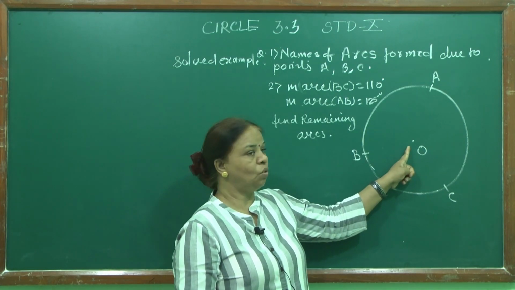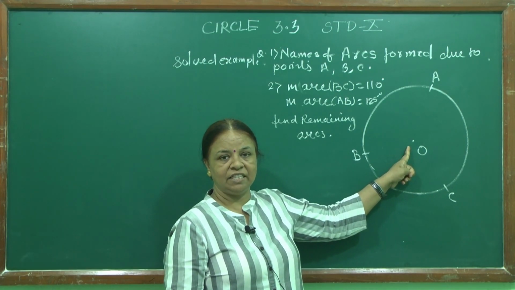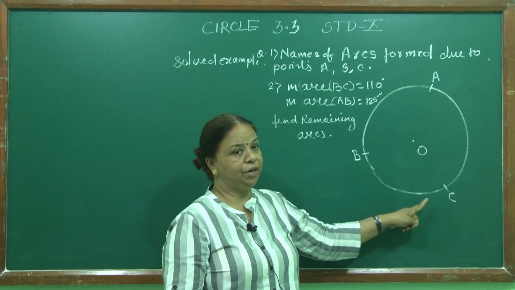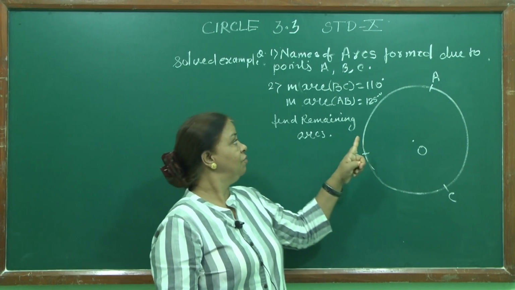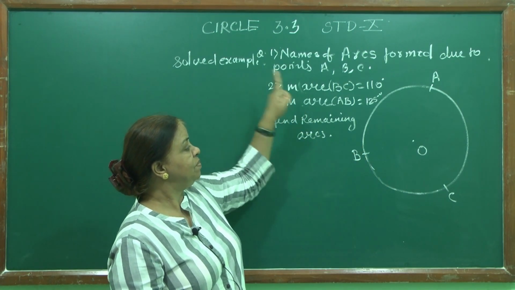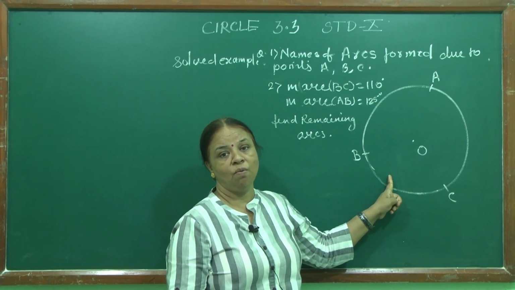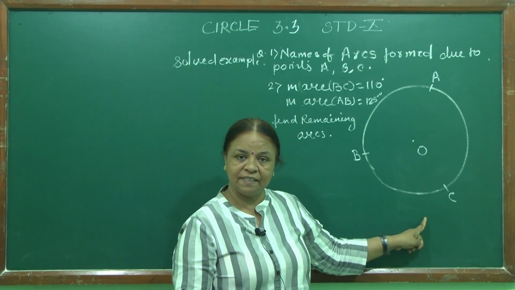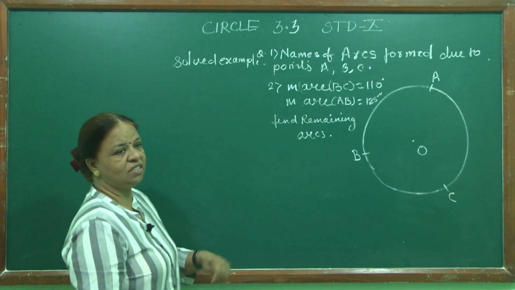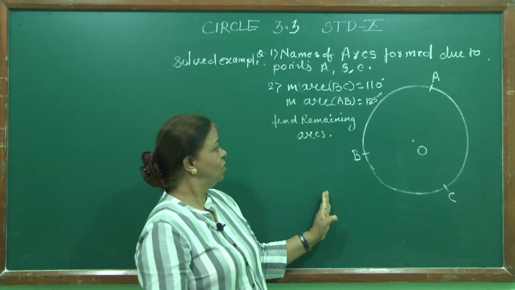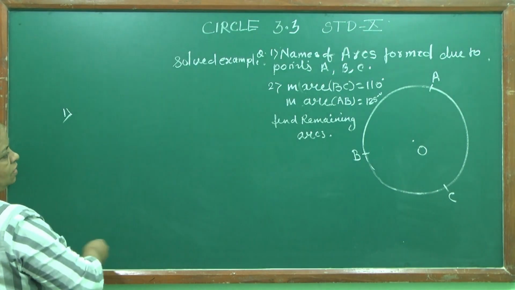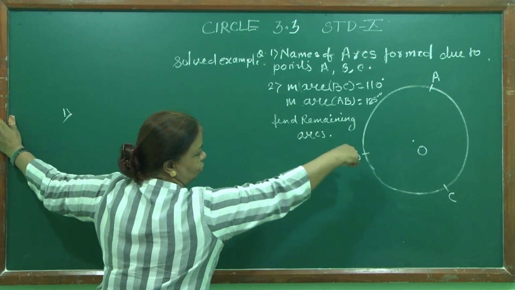There is a circle with center O and there are point A, point B and point C on the circle. We want to name the arcs which are formed by points A, B and C. It is very clearly visible which are the arcs. The first question we can name, I think you all know.